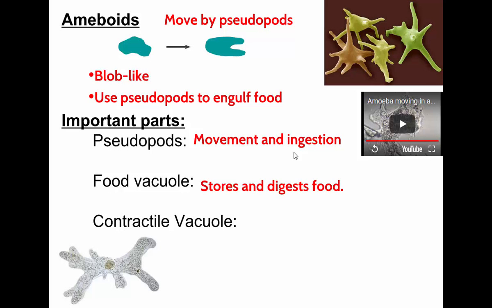And then that food, once it's engulfed, it's in that little bubble, that food vacuole. And then that's where it gets digested as well. The amoeba will produce enzymes into that food vacuole to start to break down that food so the amoeba can use the energy from it.